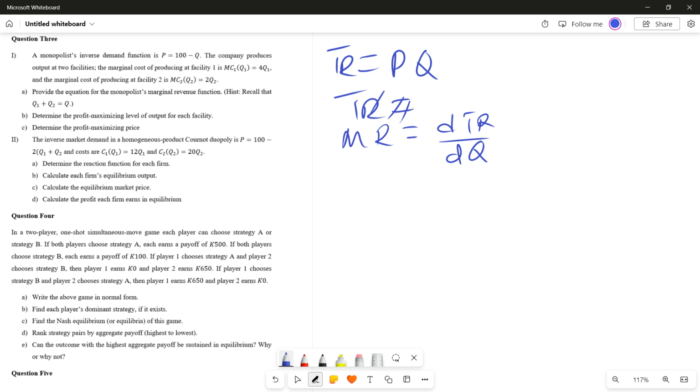We get the total revenue, we differentiate it to get the marginal revenue, then we equate it to marginal cost and make Q2 the subject of the formula. So this we did last time, right? I'm just drawing a skeleton of what was done.